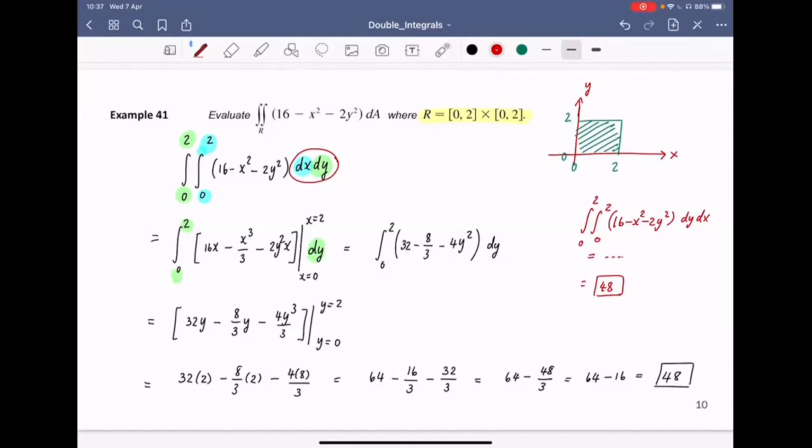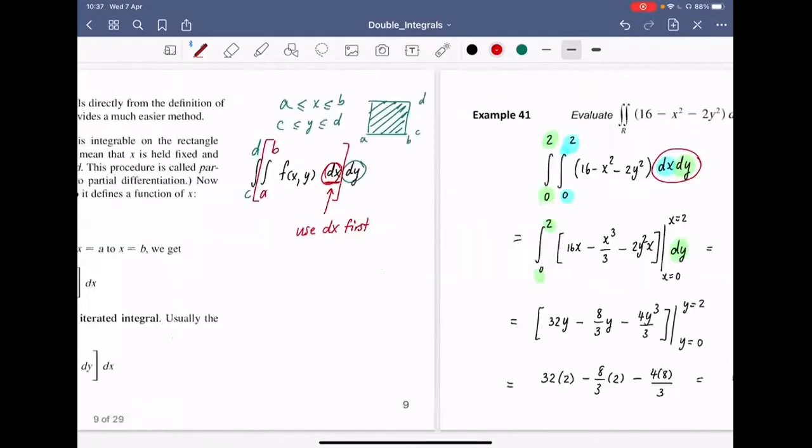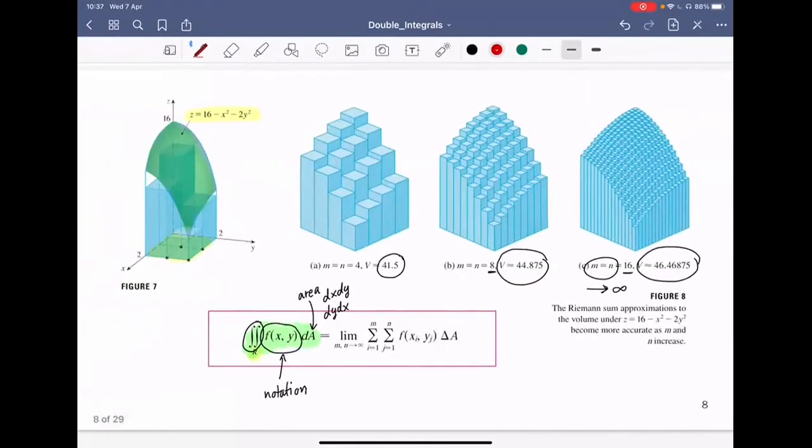Perfect. Sounds good. And you can see that this is the same thing as this slide. If you keep chopping everything more and more, at the end, your V is going to get closer to the number 48. If you use more and more M and N, suppose I chop M and N to be 100 times 100 pieces, the number is going to get closer to 48.